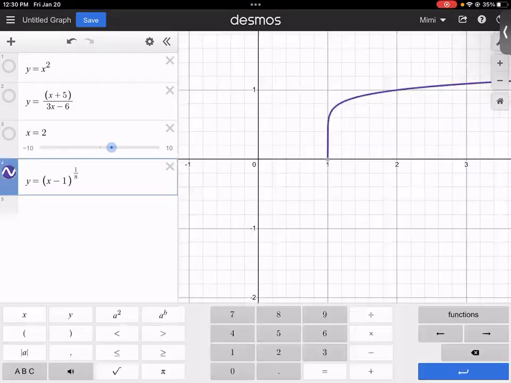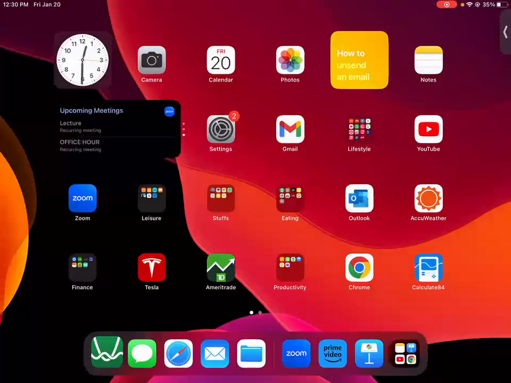I'll say 9, same thing, right? You get a little bit of a vertical stretch. So for odd root, your domain will be all numbers. They're easy going functions.